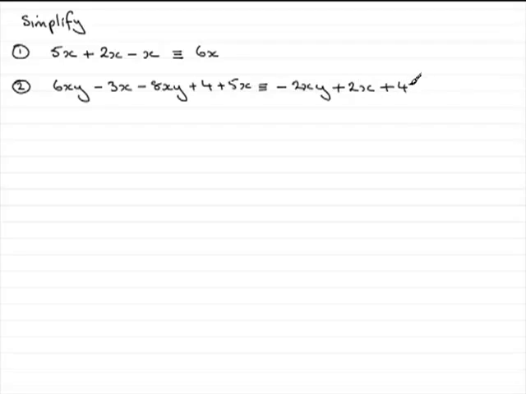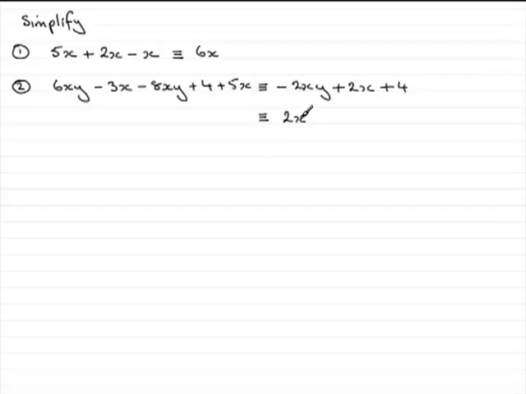Now you could leave it like this, but really it's best to make sure that your expression, if possible, starts with a plus term. And I've got 2 plus terms here, plus 2x and plus 4. So what I could do is just write this as being identical to, and let's suppose we take this term first, 2x. I don't have to write the plus in front of it, it's understood to be a plus.